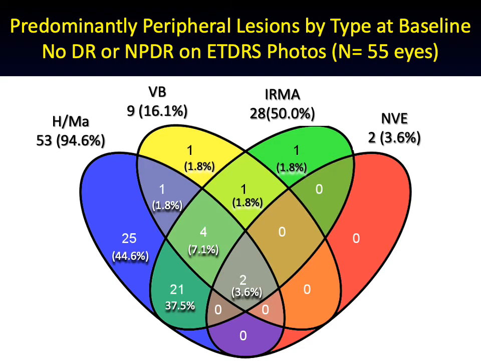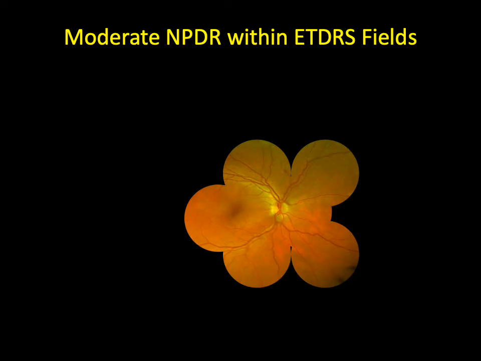So this is a Venn diagram, and it shows us the distribution of predominantly peripheral lesions. As you can see, the most common lesion was hemorrhages and microaneurysms that were present in around 94.6% of eyes, followed by ERMA in around 50% of eyes. So this is just an example.